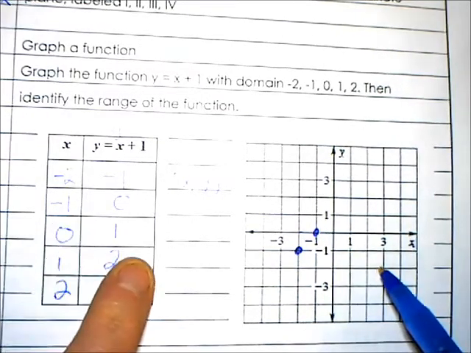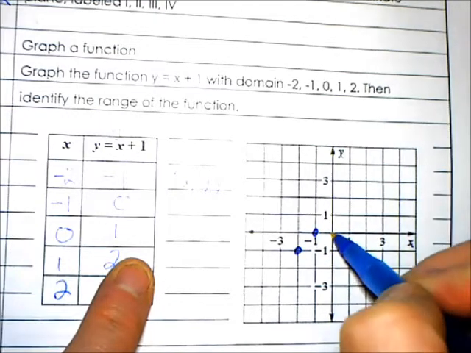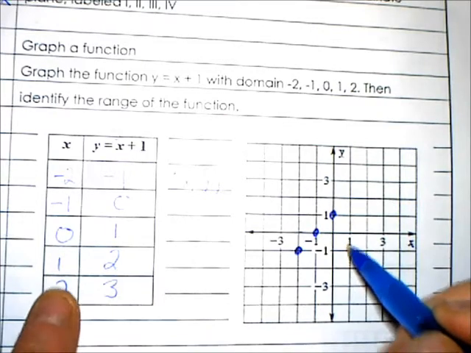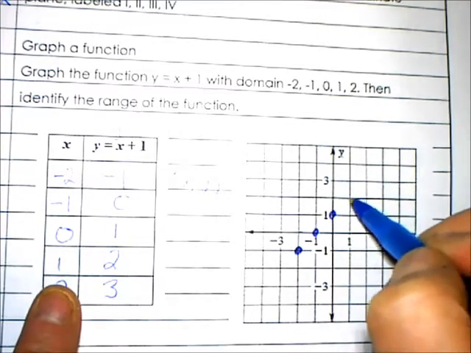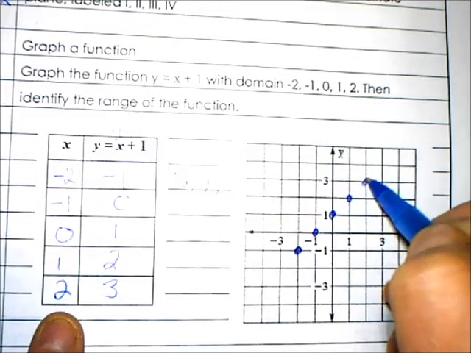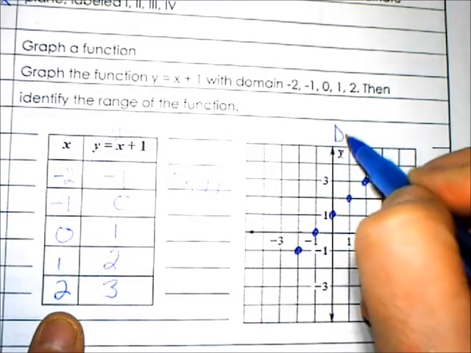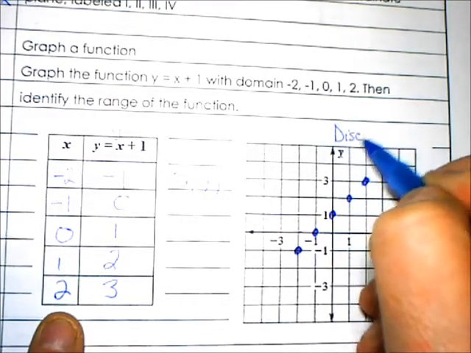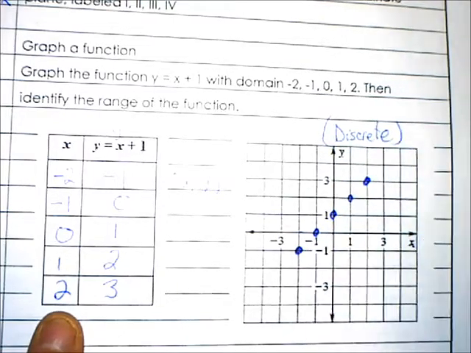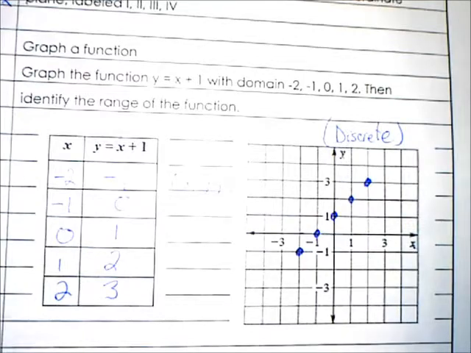I have 0, 1 next, so I'm going to stay in the center and just go up 1. And then I have 1, 2, and then 2, 3. And remember, these are discrete graphs, so do not connect your dots, you're just plotting points.